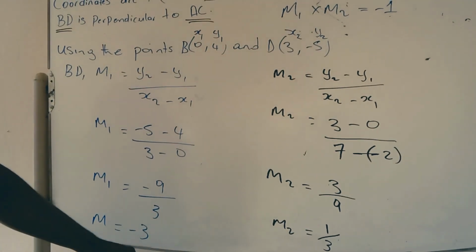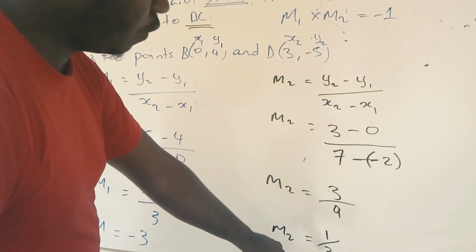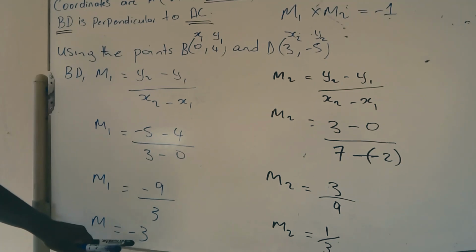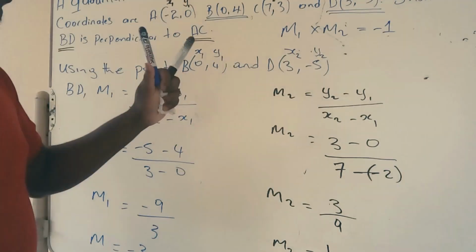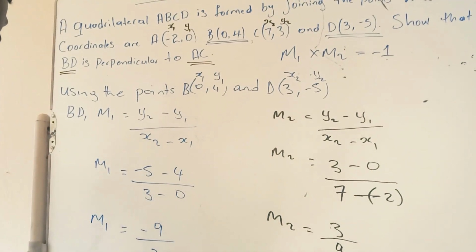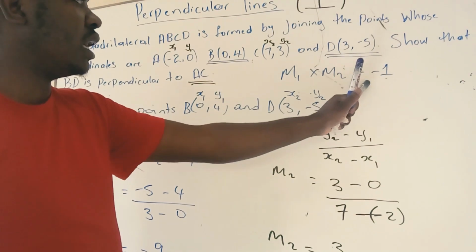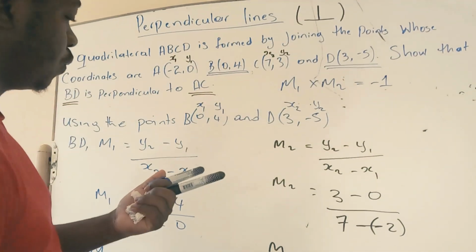Now we have both gradients, so we know that the gradient of AC is 1 over 3, and the gradient of BD is negative 3. And we also know that if both lines are perpendicular to each other, when we multiply their gradients, we should get negative 1. So let's see if that is true.